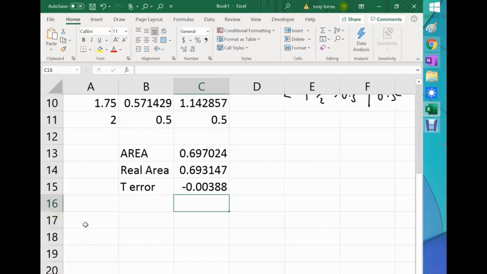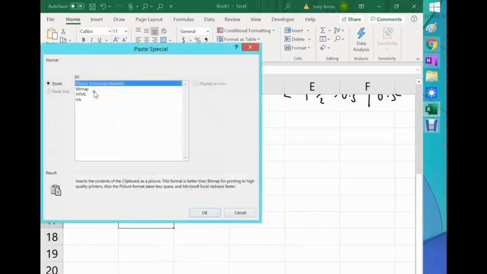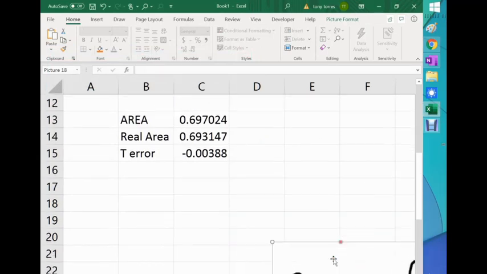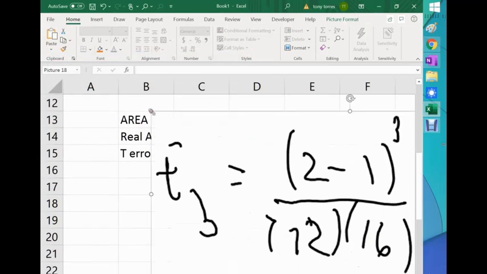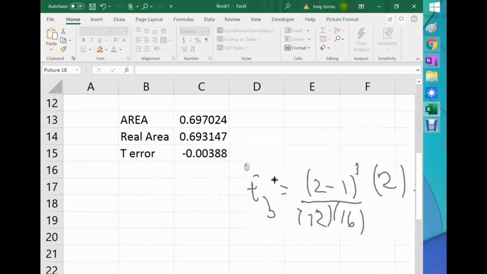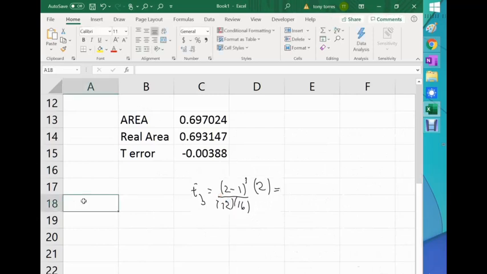So let's put it down somewhere here. Here we go. So the error bound, now let's calculate the error bound.